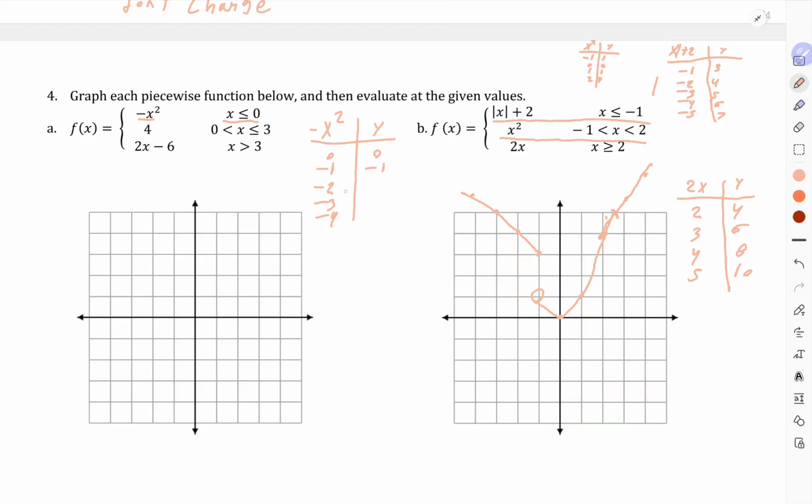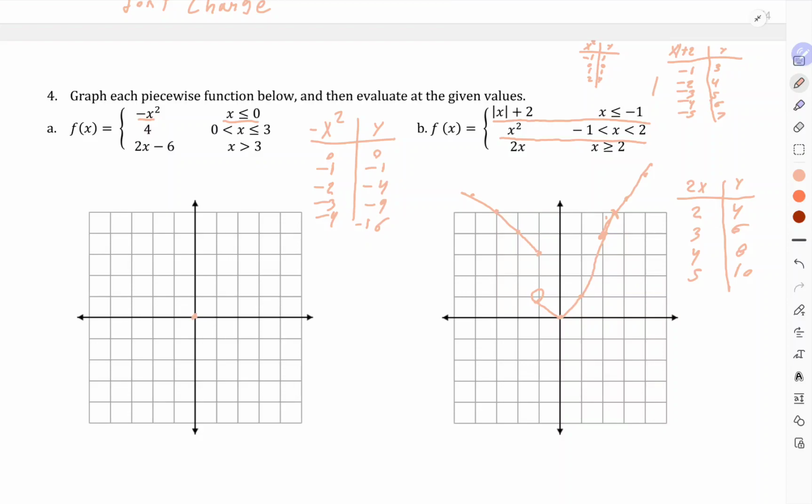Then -2: exponents first, 2 squared is 4, so it's -4. The next one is -3, and that's -9. Same thing here, 4 times 4, 16. There you go, -16.